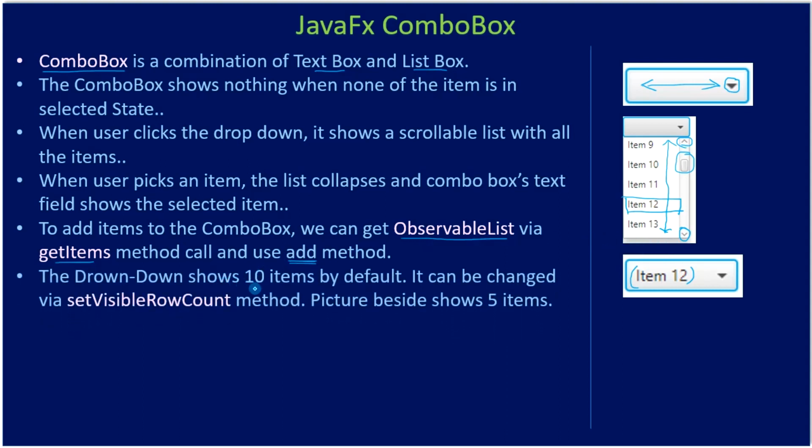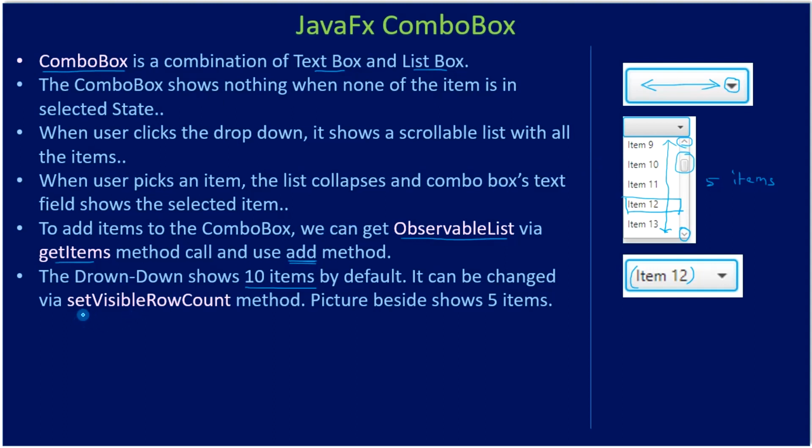The drop down shows 10 items by default. Here we are showing only 5 items. That means here we modified the default behavior.